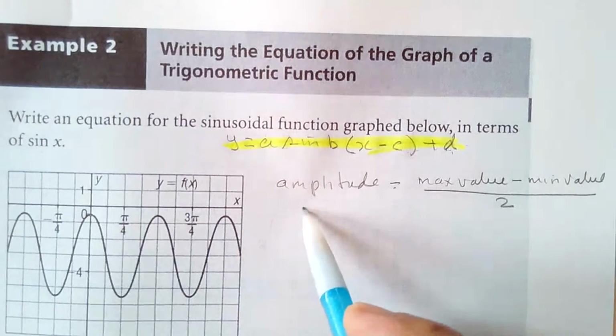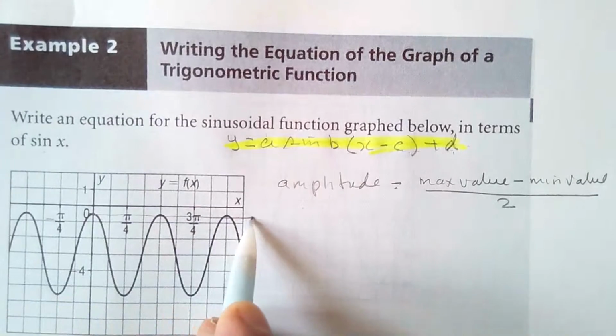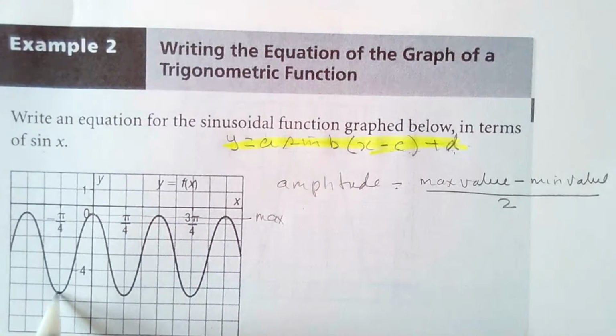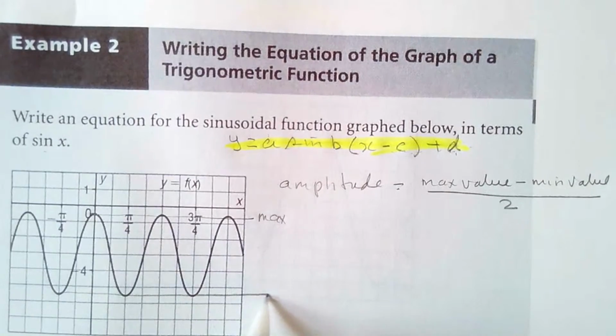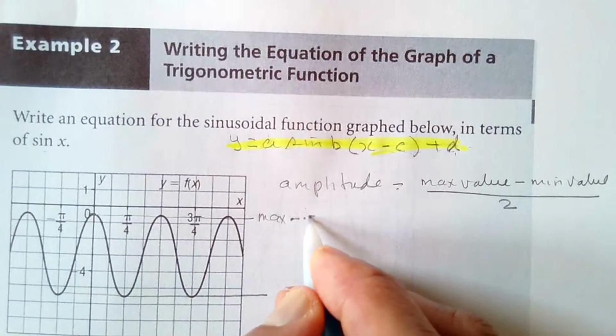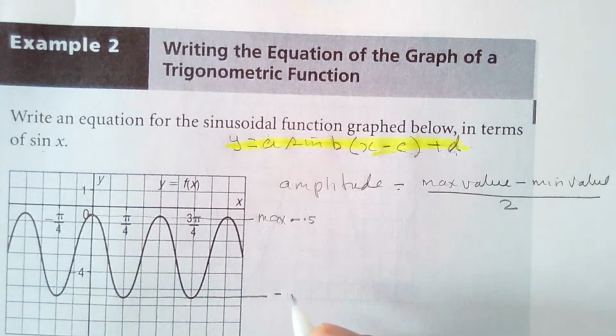So first thing is the amplitude. The amplitude here, we have here is our maximum, and here is our minimum. So it's negative 0.5, and this is negative 5.5.